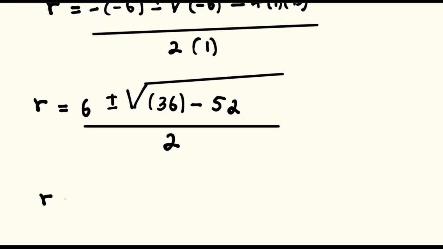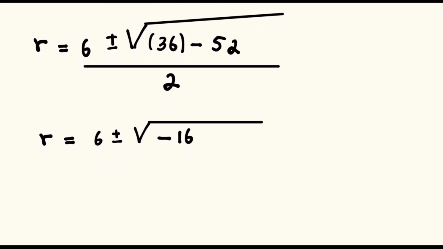So our r will be equal to 6 plus or minus the square root of 36 minus 52, which is equal to negative 16. So we have a complex root, and this is divided by 2.